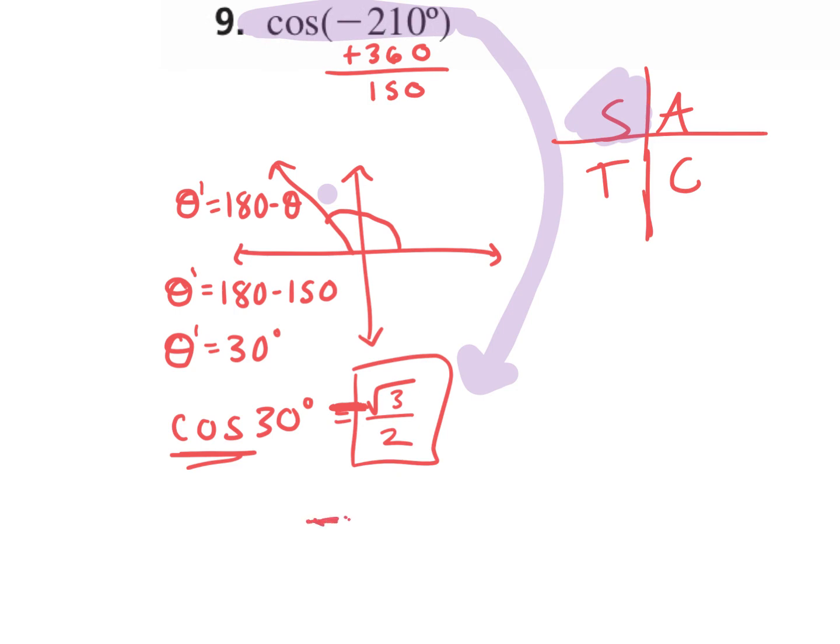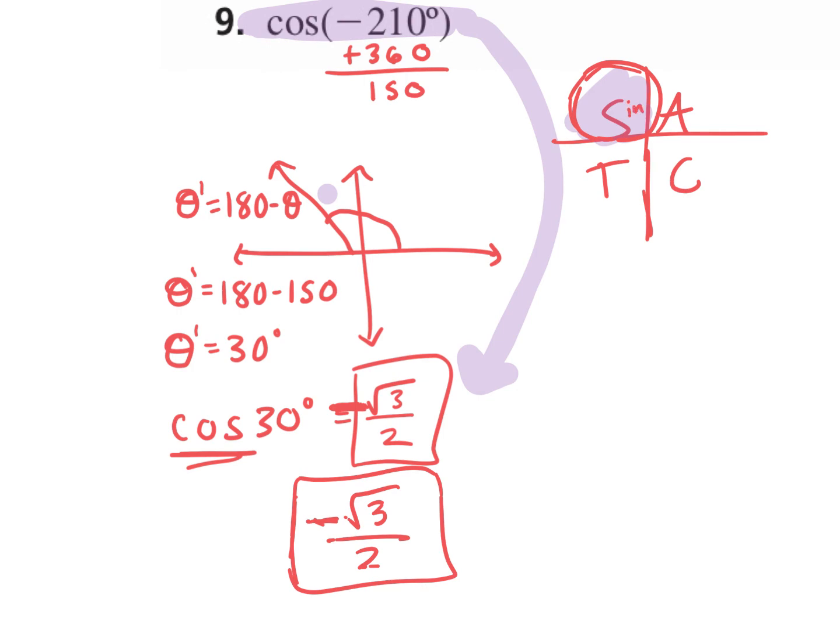Wait, I'm confused. We're in the second quadrant here. So in the second quadrant, we have sine and its reciprocal, which is cosecant. But we're looking at cosine here. We're taking the cosine of 30. So everything besides sine and cosecant is going to be negative.